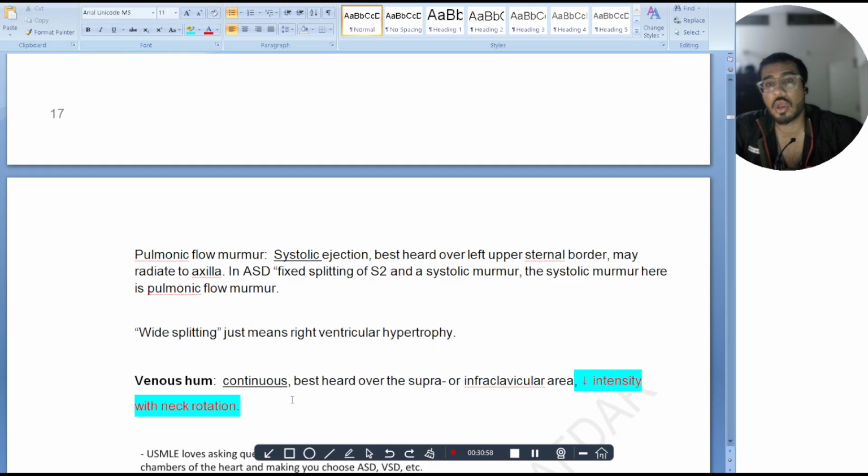One more thing: as I told you, when there is an increase in blood in the chamber, the venous hum decreases. Which maneuvers are going to decrease the venous hum?